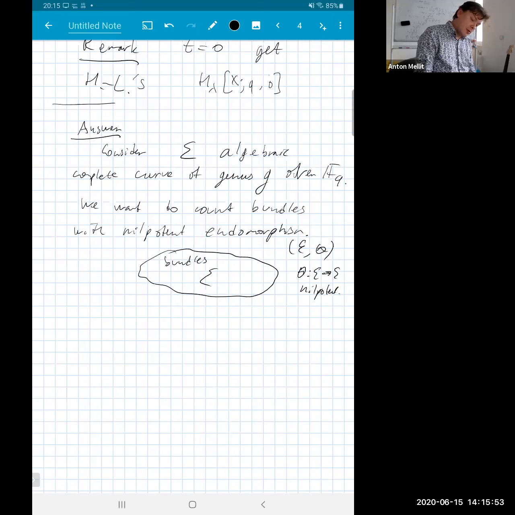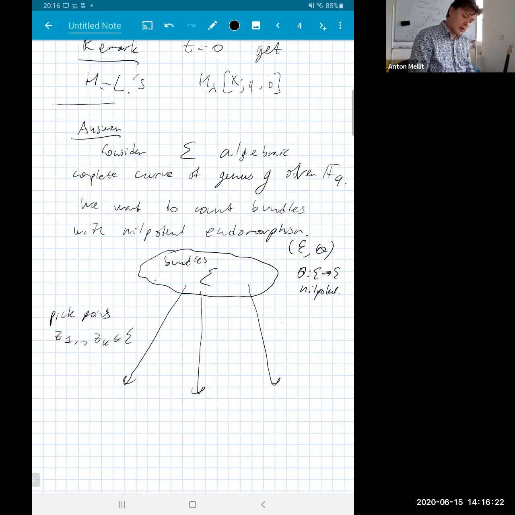The way to do it is to study observables by taking a point on the surface and evaluating our nilpotent operator at that point. So we also pick points z1 to zk on sigma, and we have these evaluation maps.